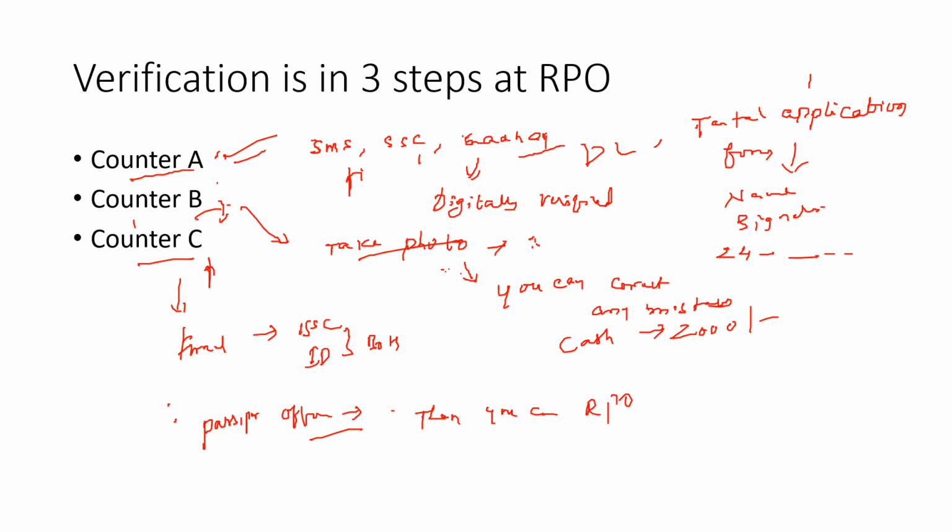Here you may have a doubt about how much time it may take. That depends on the number of applicants, or how early you go to the RPO. For me, it took hardly a maximum of 2 hours only. Here just a 10 minute process, here a 10 minute process, here 5 minutes, and finally here also 2 to 3 minutes.